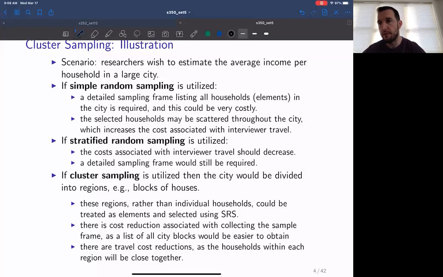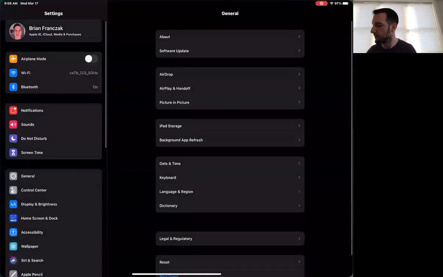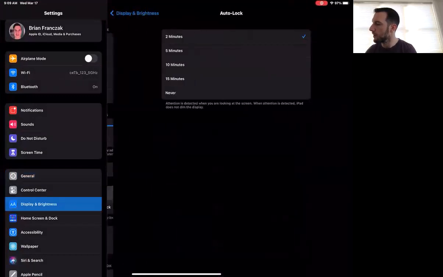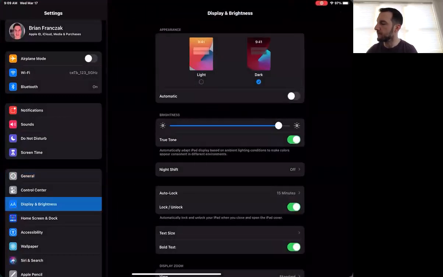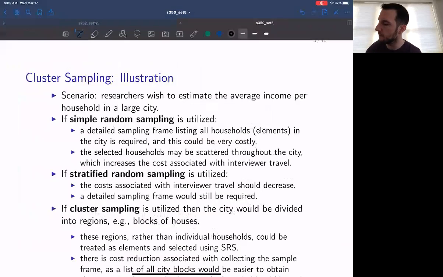Okay, if we use stratification, what would happen now is that you would break the city into different strata. Say we broke a very dense city into, I don't know, 5 strata just for illustration purposes. Actually, maybe I'll illustrate this here.